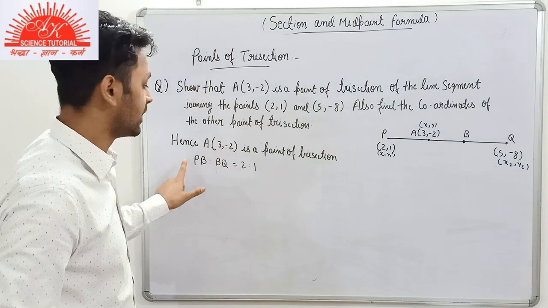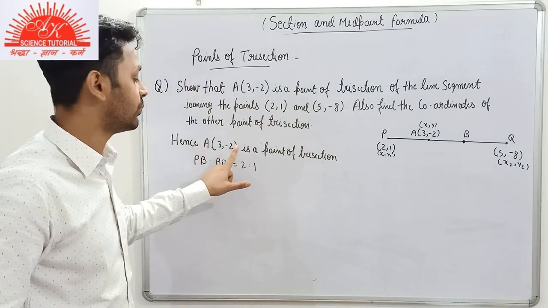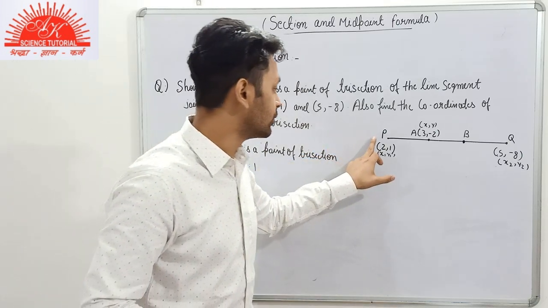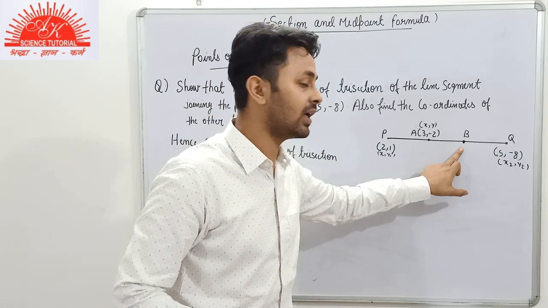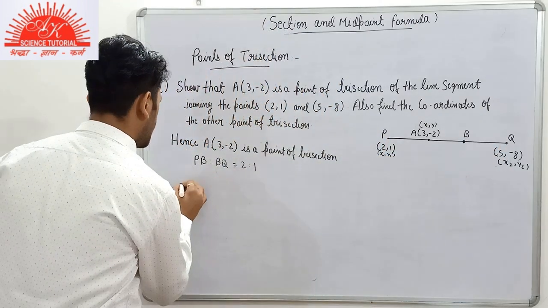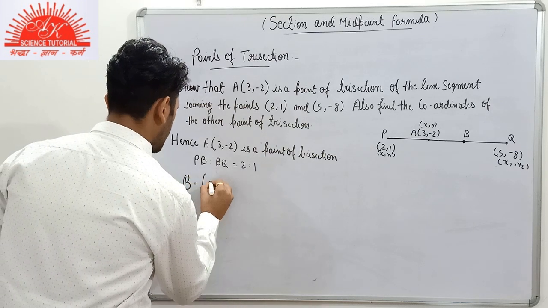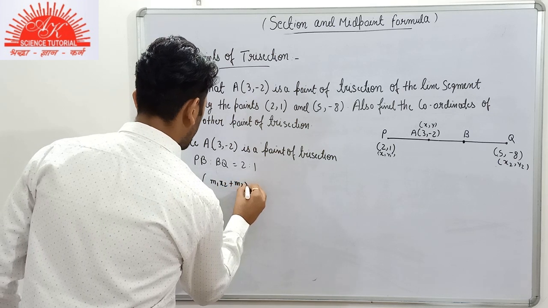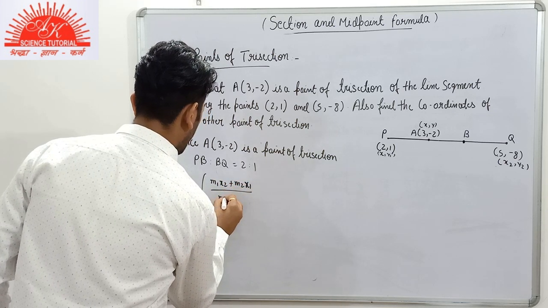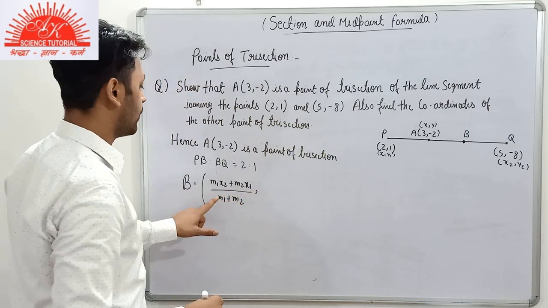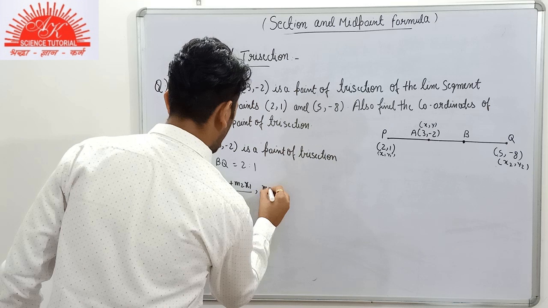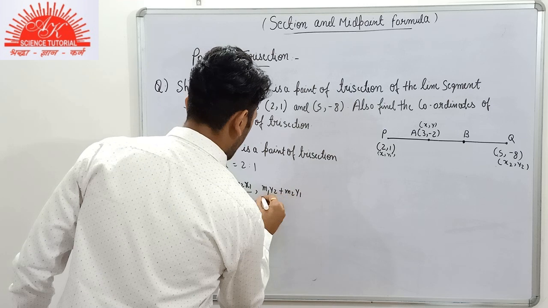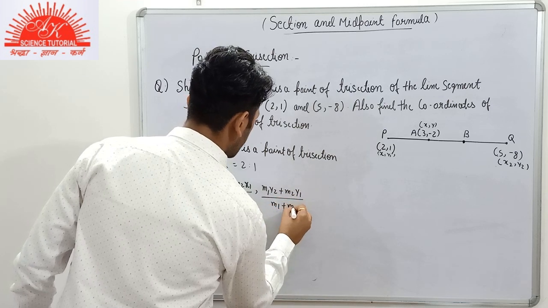We are obtaining this ratio since we have proved that A is a point of trisection. Now on the basis of this ratio and using the coordinates of these 2 points, we will find the value of B by using the section formula, that is x equals m1 x2 plus m2 x1 by m1 plus m2, the abscissa, and the next part, the ordinate, y equals m1 y2 plus m2 y1 by m1 plus m2.